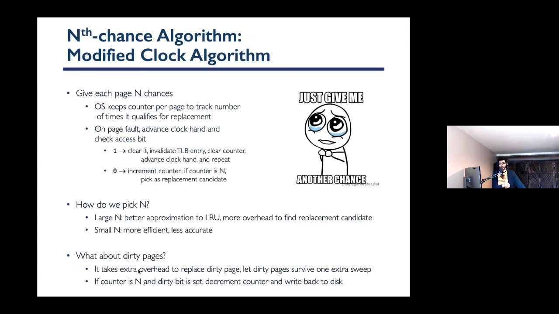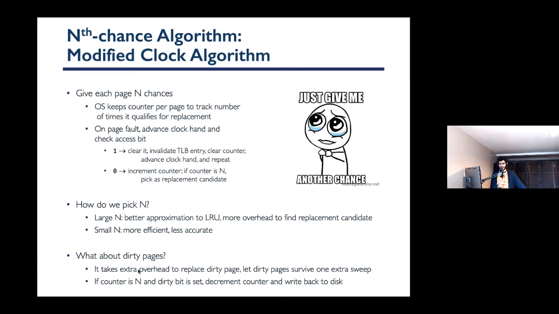What should you do? So most of these algorithms give this page that has a dirty bit set to 1 another chance. The reason is if you want to evict this page, it's going to be costly, because you have to write it back to the memory before you are able to evict it. So when you find such a page, you actually initiate the write back, but then you start searching among others.